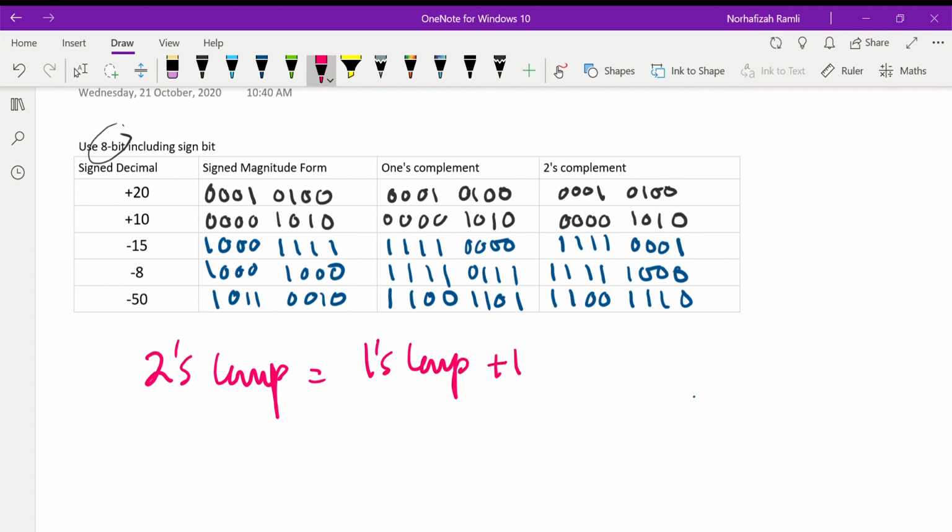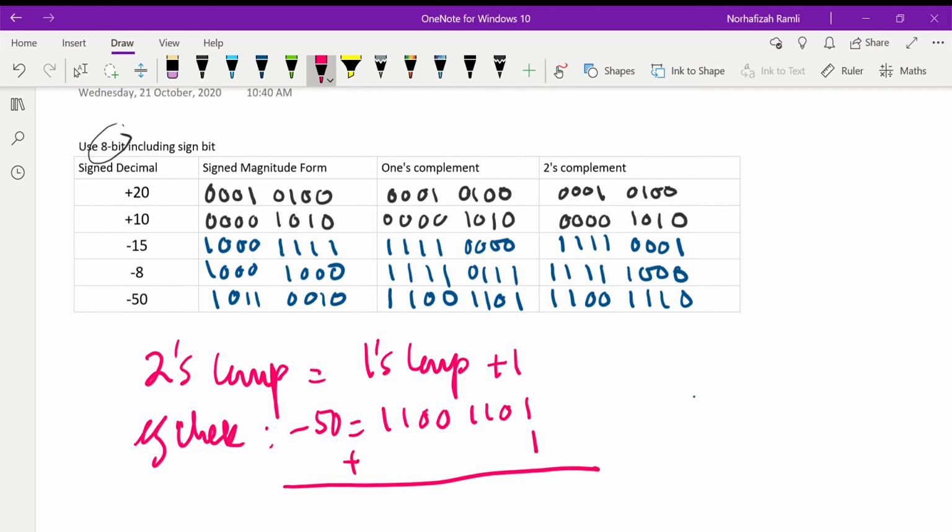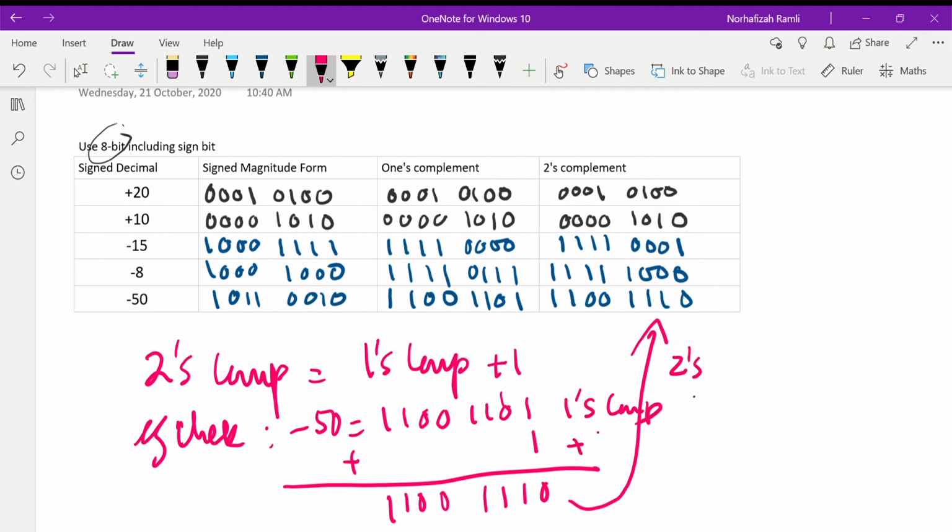So what you can see is, let's try an example, check. Now if you take, for example, negative 15, 1, 1, 0, 0, this is negative 15, 1, 1, 0, 1. If you add 1 to it, so you got 0, 1, 1, 1, 0, 0, 1, 1. So you will get the 2's complement. So this is 1's complement. You add 1 and you got 2's complement.